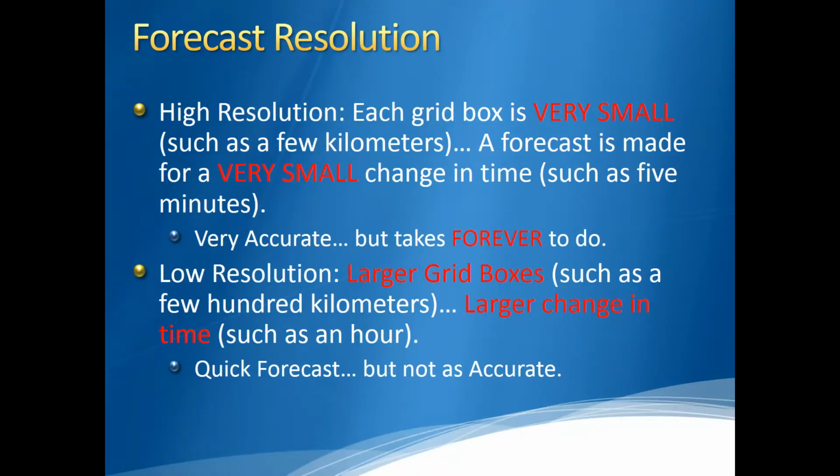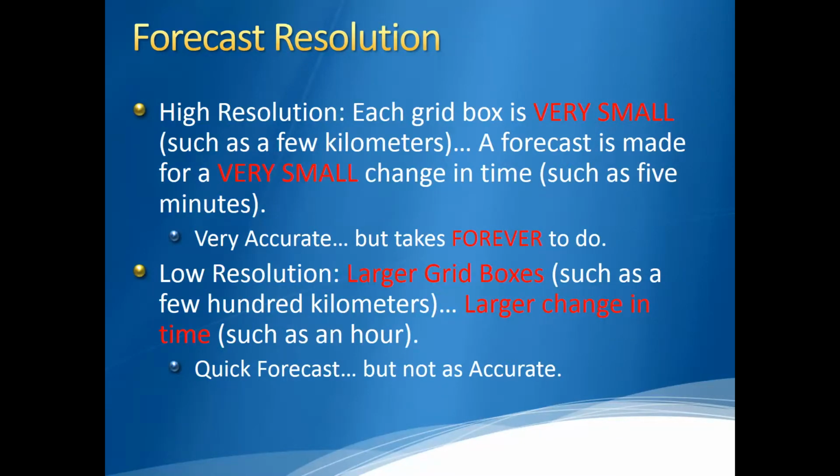But the problem with these kinds of resolutions is this means that you have to run those equations hundreds, thousands, hundreds of thousands of times over. So they take forever to do, and they also require a tremendous amount of technology, a tremendous amount of infrastructure.